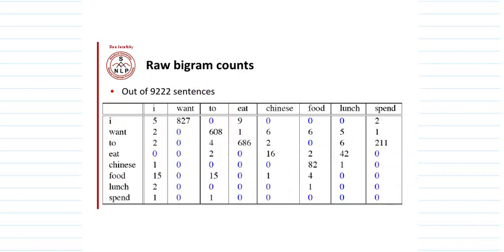If we see the bigram counts from that corpus, we have selected some words: I, want, to, eat, Chinese, food, lunch, spend. I have taken these 8 words and created this kind of matrix. This matrix is called the bigram count matrix.